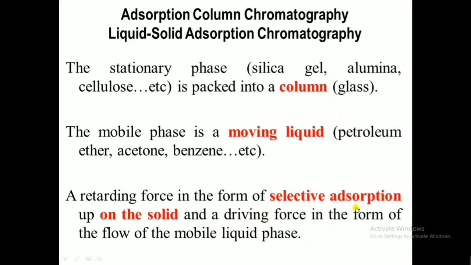That selective adsorption is the principle of separation in adsorption column chromatography. The driving force is the flow of the mobile phase, and here it is a liquid, since we are discussing liquid solid column chromatography. These are the main components involved in liquid solid adsorption chromatography.